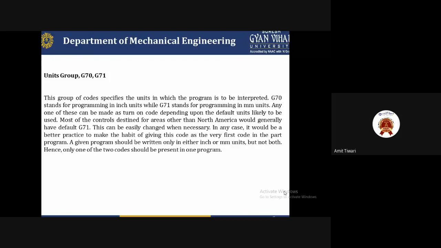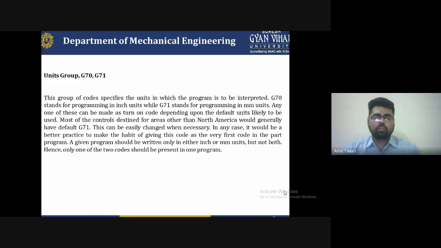In engineering, we generally use materials in mm sizes. That's why on North American or any standard machines, G71 is a very commonly popular code used for manufacturing or making any design. So G71 is very helpful for us.